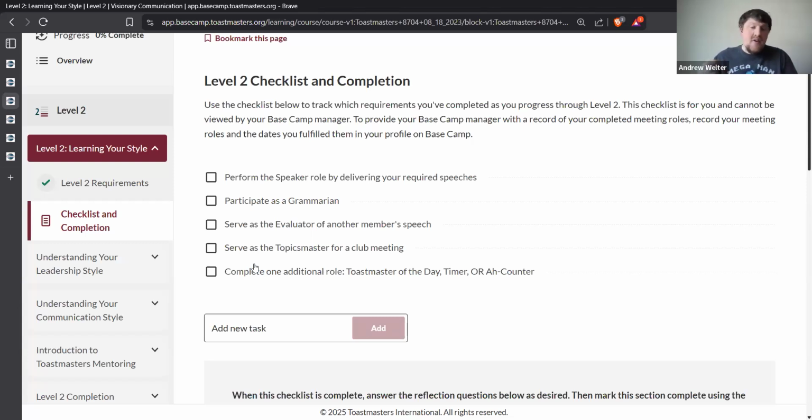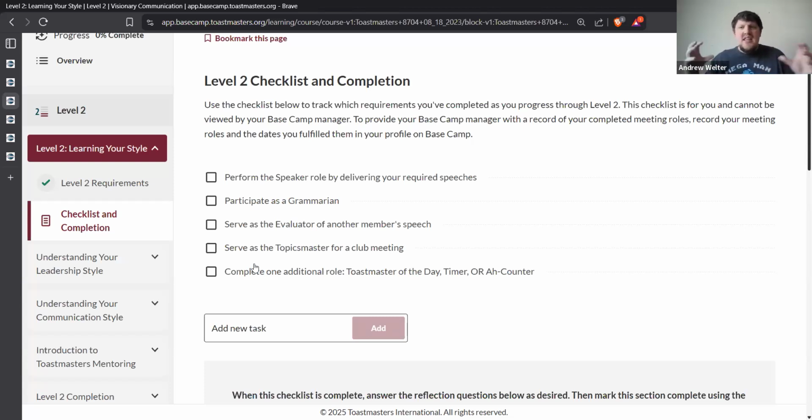Now, I have not seen a further clarification of this, but the way the wording was whenever they sent the information to the officers is that the roles, so the different roles that you have to do in a meeting, you have to complete your previous level before you can get credit for them. So you have to complete one level before you start getting the roles.